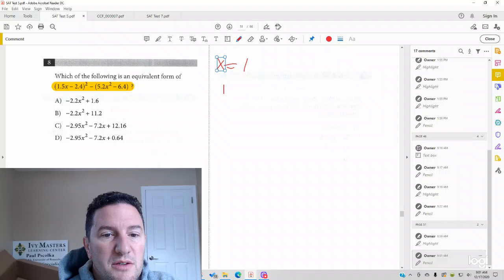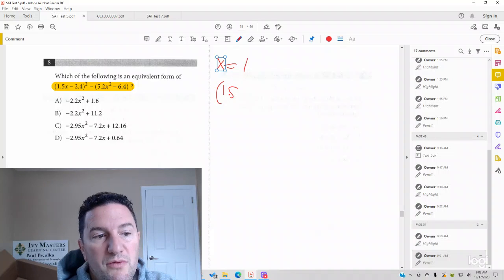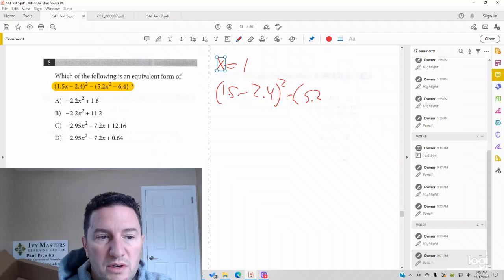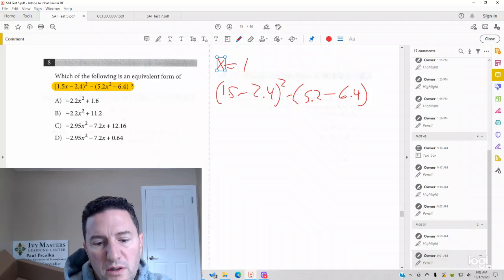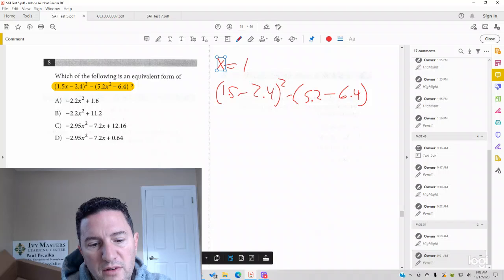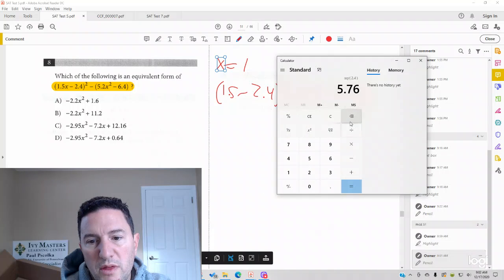So here what we get is 1.5 times 1, which is just 1.5, minus 2.4 squared, minus 5.2. 1 squared is just 1, so that doesn't matter, minus 6.4. Now remember, what you want to do is work within the parentheses first. So this is with Calc Math.